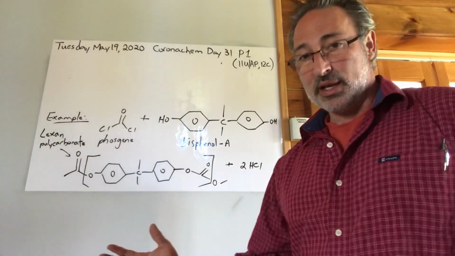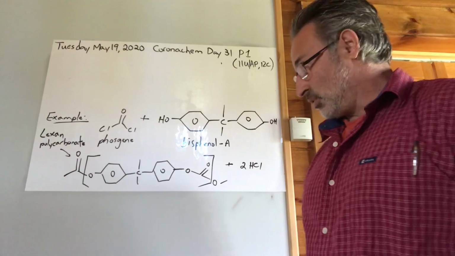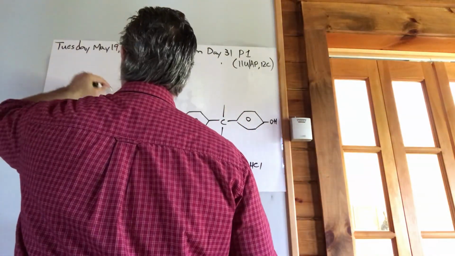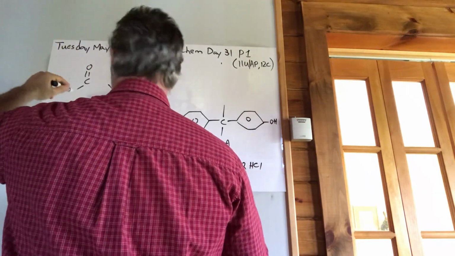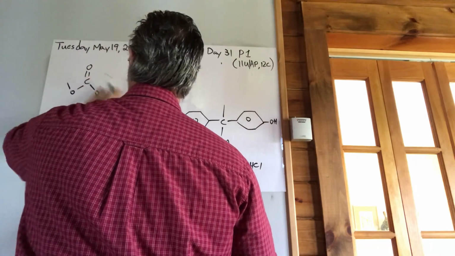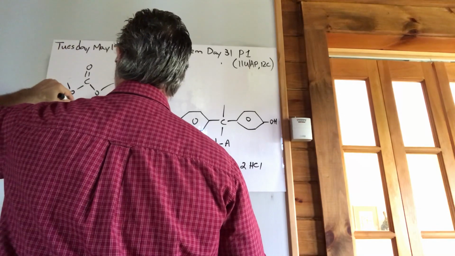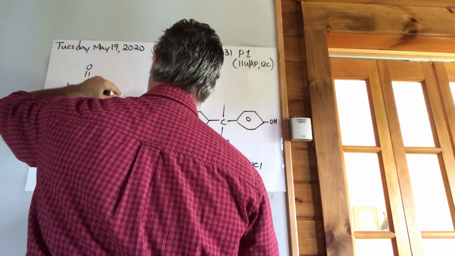I don't know what the actual percentage of yield is, or if it has the same efficiency, but you could replace this molecule with this, and you probably would still get reasonable synthetic results. This is called dimethyl carbonate, and it's not toxic. At least it's not as toxic as phosgene.